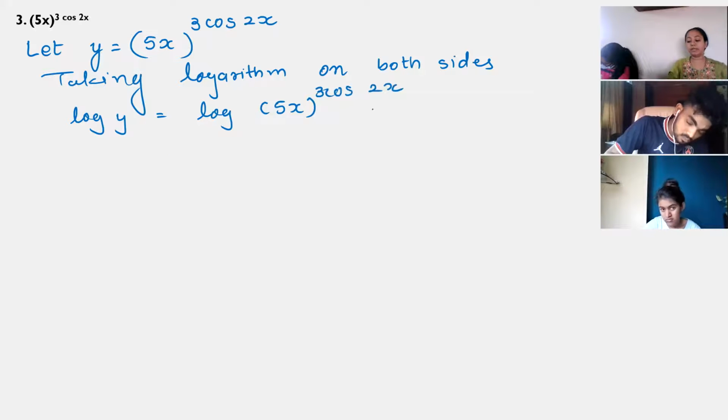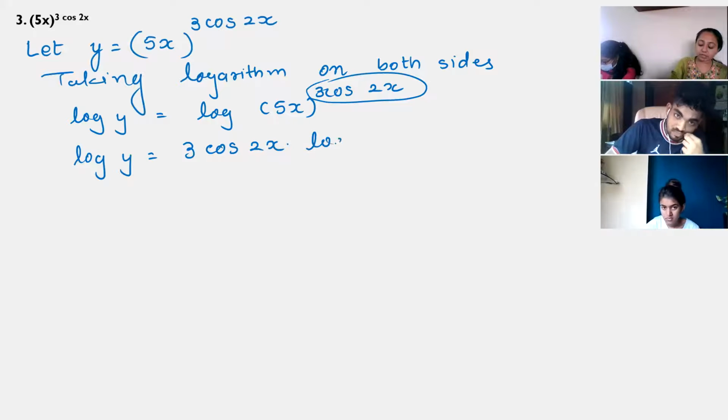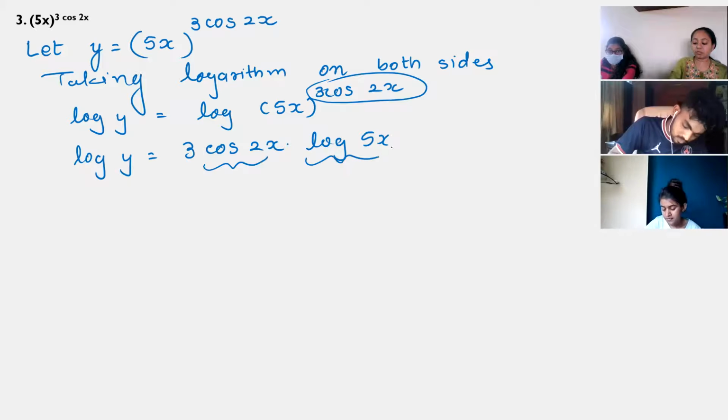Here we know that whenever log is with a power, the power will come in multiplication. This we have learned earlier. So whatever the power is, 3 cos 2x is in multiplication with log 5x. You can see that we got two separate functions. So now I can do the differentiation properly and easily.